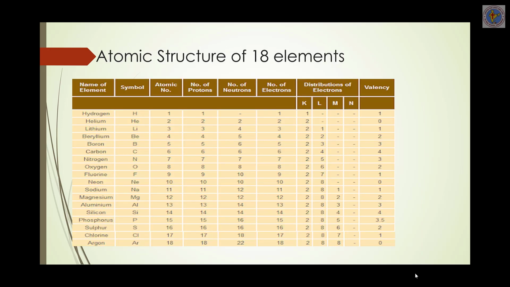This slide refers to the atomic structure of first 18 elements, and it gives you information about the symbol, atomic number, number of protons, number of neutrons, number of electrons, distribution of electrons in various shells, and valency of first 18 elements. So just go through this table, and what you need to do is you have to find the same for potassium and calcium.